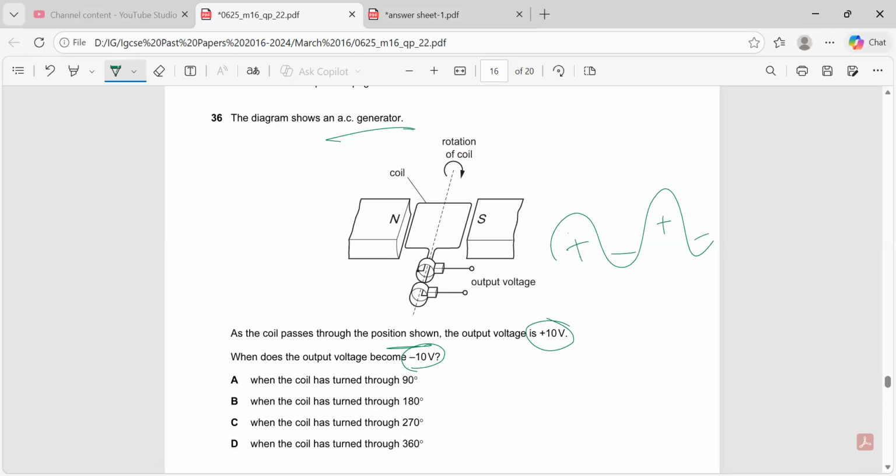So after 180 degrees, when the coil has turned through 180 degrees, if it was positive before, it will become negative. If it was negative before, it will become positive. So when the coil is turned through 180 degrees, or it has become anti-parallel, the sign of the induced EMF will be reversed, from positive to negative or from negative to positive. So the correct answer here is B. So 36 is B.